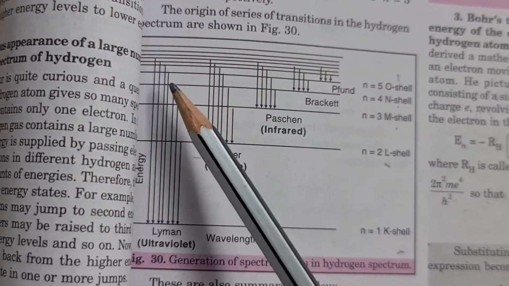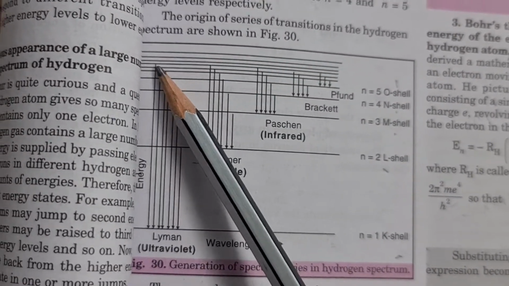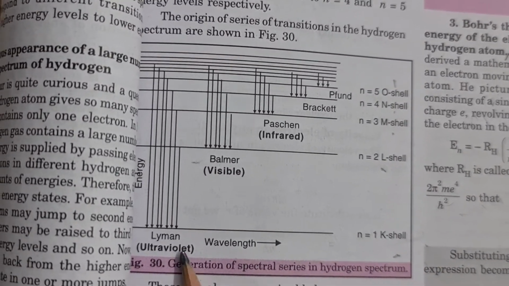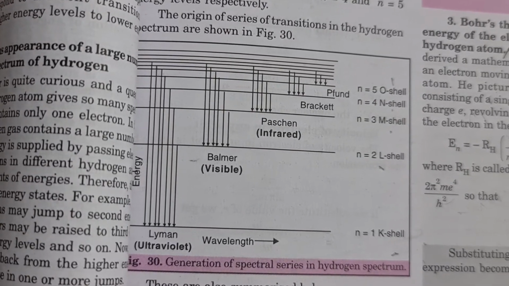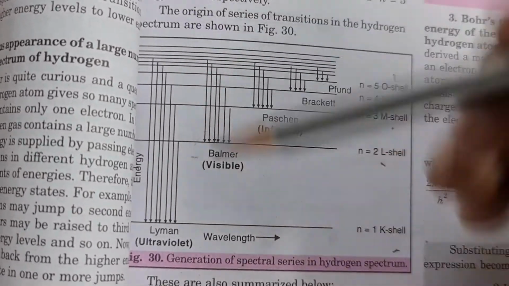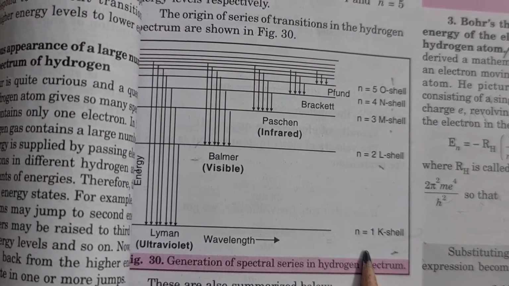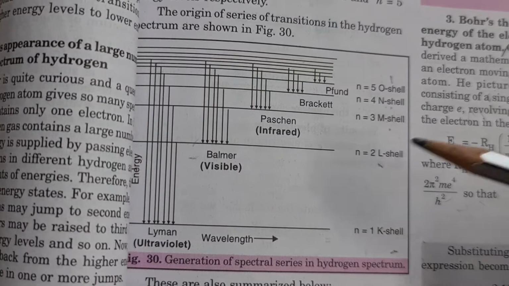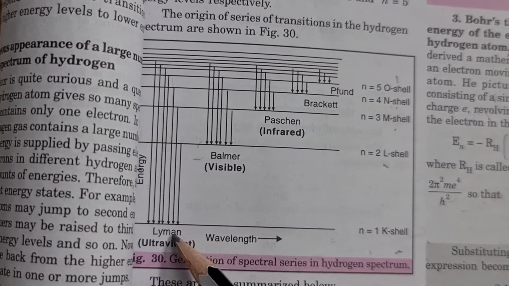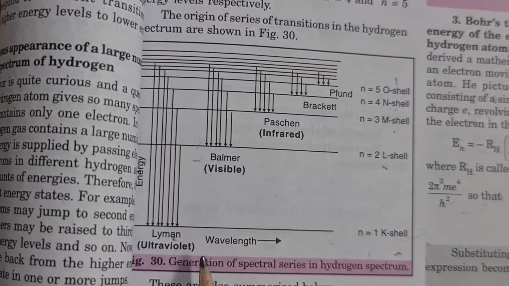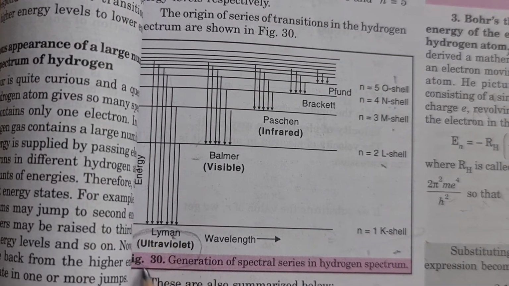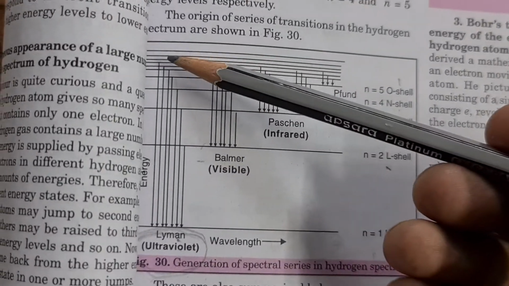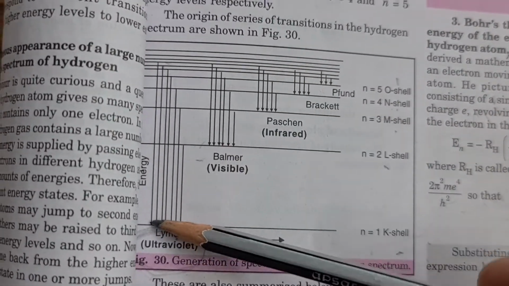When an electron from the O shell jumps directly to the K shell, that is the first shell. I'll simplify it for you. When an electron from any shell other than K, from the O shell, N shell, M shell, L shell, jumps to the K shell, that is known as Lyman series. Those are lines in which the electron jumps from a higher energy level to the K shell.